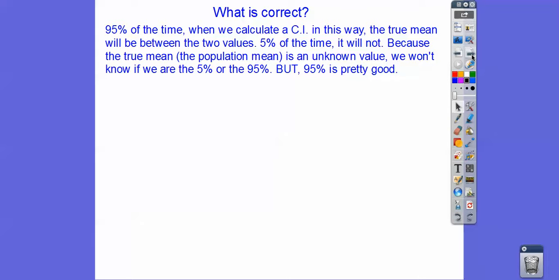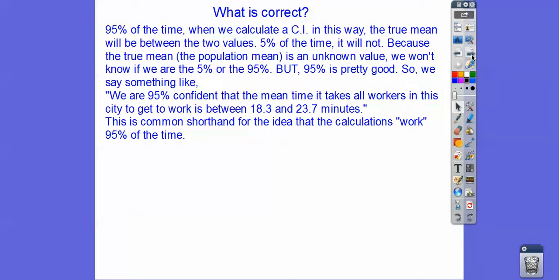Because the population mean is an unknown value, if we could know it, we'd calculate it, but we can't, because we can't survey everybody. We won't know if we're in the 5% or the 95%, but 95% is a pretty good estimate. So we'll say something like: we are 95% confident that the mean time it takes all workers in the city to get to work is between 18.3 and 23.7 minutes.